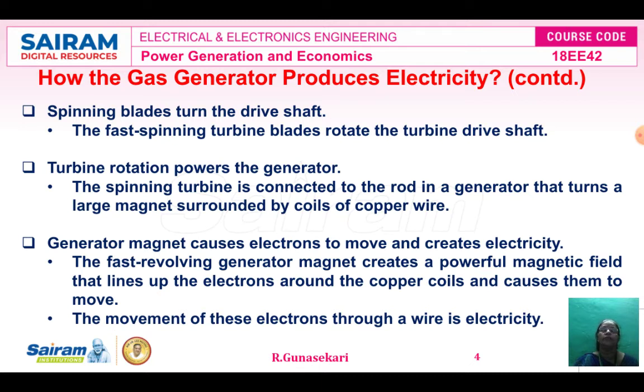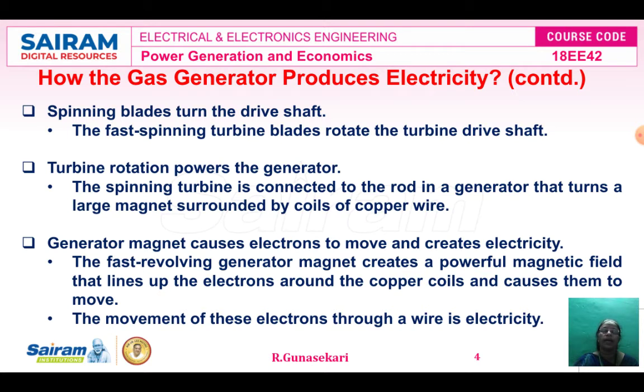That is, the fast spinning turbine blades rotate the turbine drive shaft. The turbine rotation powers the generator. That is, the spinning turbine is connected to the rod in the generator that turns a large magnet surrounded by a coil of copper wire.